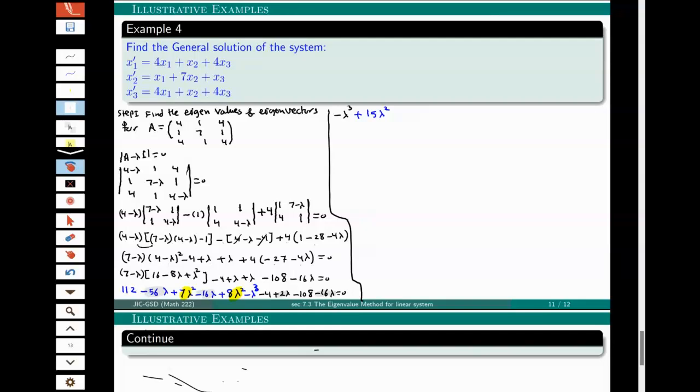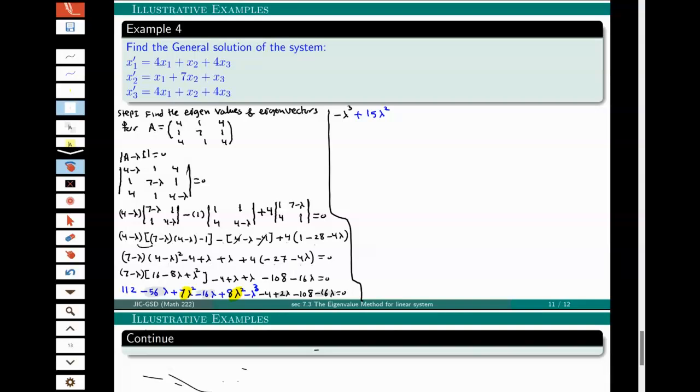It's supposed to be 15, then this equal 54. Okay, plus 2 lambda. Why did we say 16 lambda squared there?